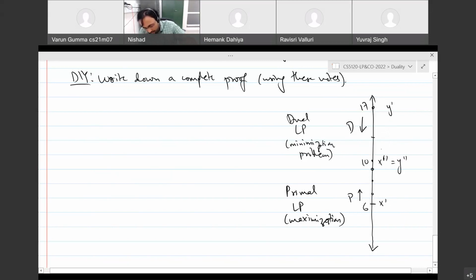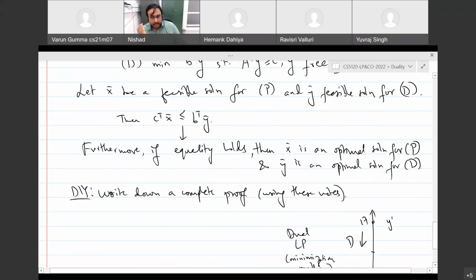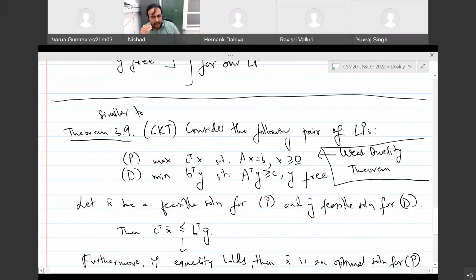It just so happened that for the specific x double prime and y double prime, the values happen to be equal. That is when we know that both the solutions are optimal. But the theorem is not saying that there will always be an x bar and a y bar for which equality will hold, right? So this is something I want you to note here.